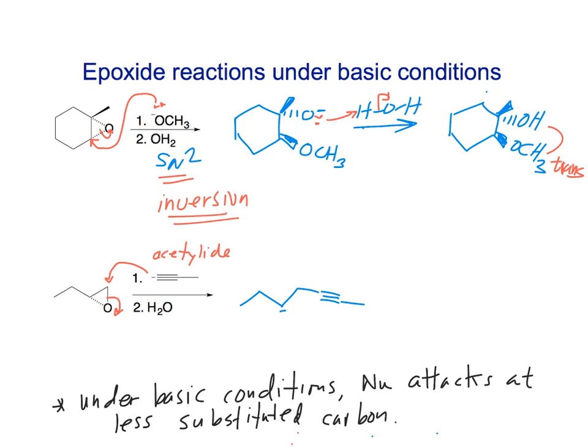Like this. We get this alkoxide as an intermediate, and we add water, or we could add a weak acid. It would work as well, just to protonate the oxygen, because we want the neutral product.